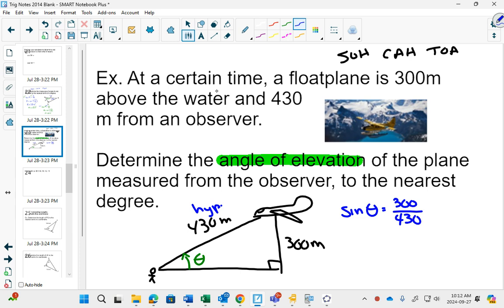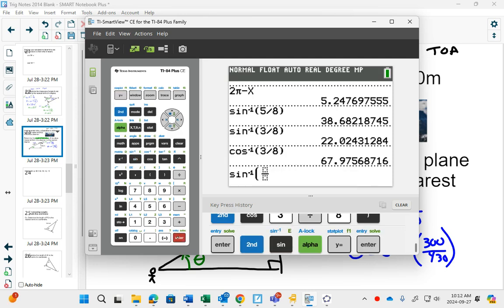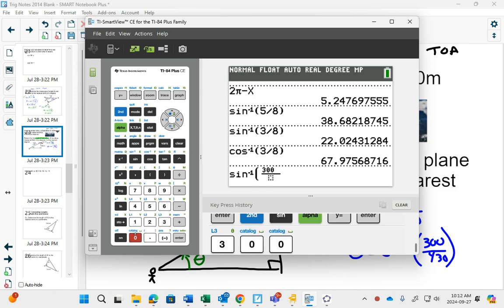And I'm curious, does my calculator have this angle or this ratio memorized? So if I want to find the angle, I need to do sine inverse of both sides. That gets rid of the sine, and I get sine inverse of 300 divided by 430.